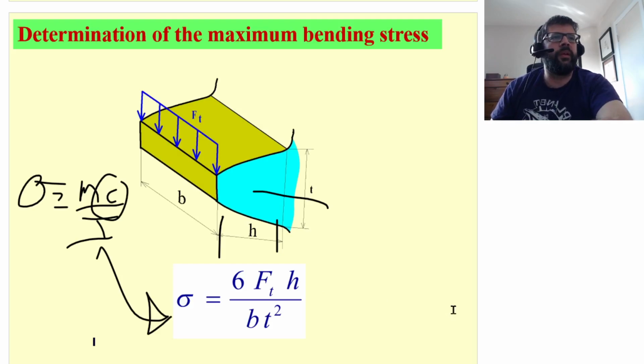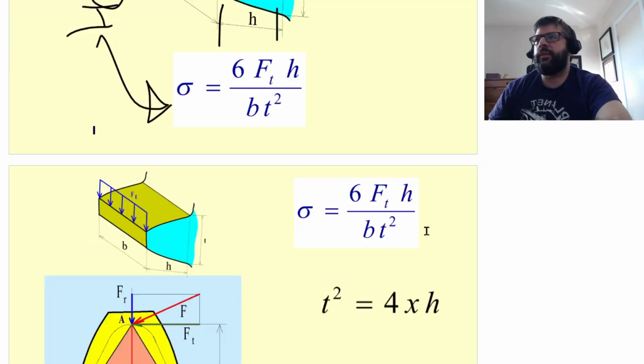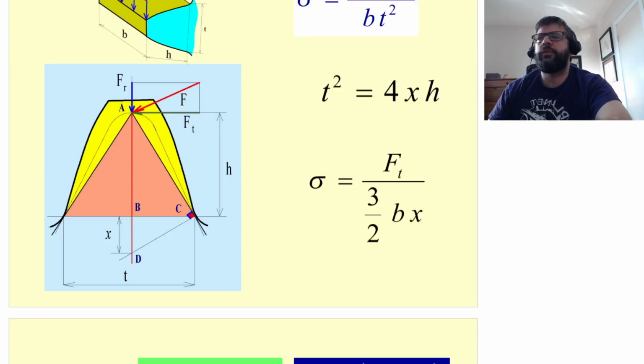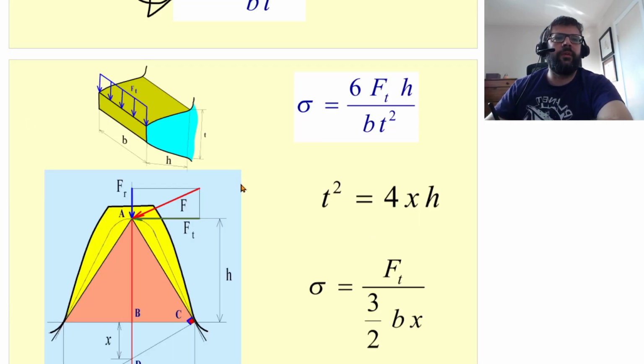So the problem here is essentially, when you get into the actual loading, the loading doesn't actually occur at the end of the tooth, and we don't know what this T here is.